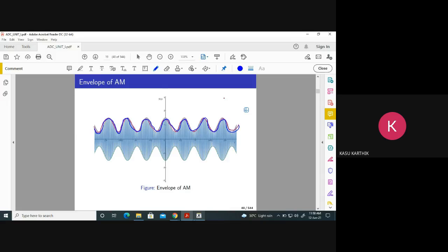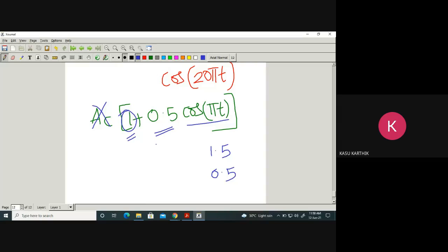Now you can ask me, how to overcome these problems? Very simple. This is a DC shift. How to remove the DC component? Which component will block the DC component? Capacitor. You pass this through the capacitor.